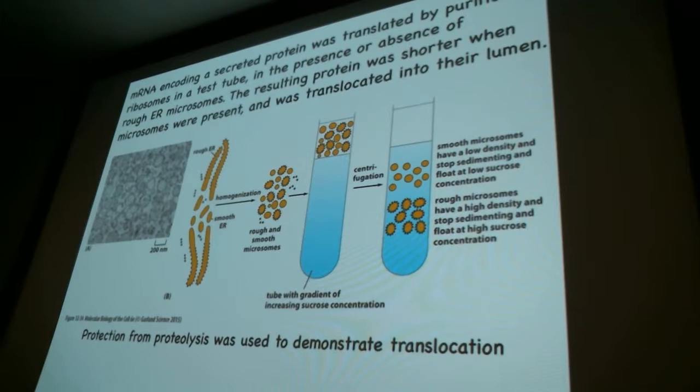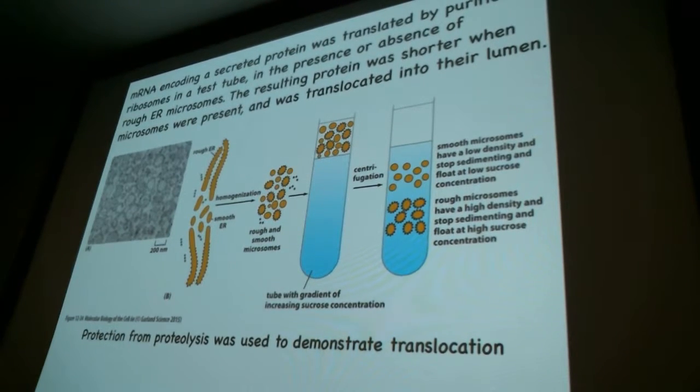You end up with these vesicles, because the membranes break and then reseal, right? So this is in an aqueous solution, and you end up with these vesicles with the ribosomes facing out. So you have these really useful, more or less homogeneous vesicles that are made of rough ER.